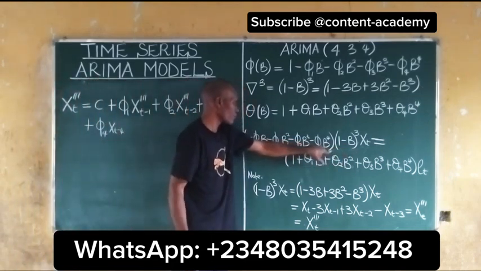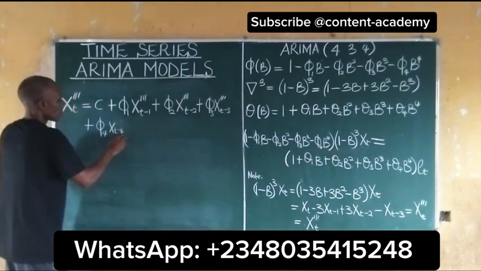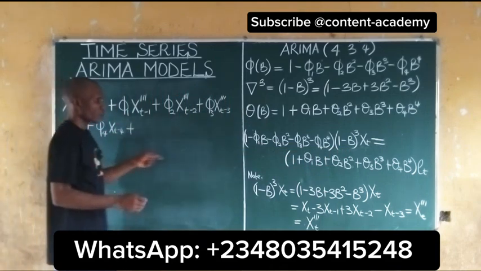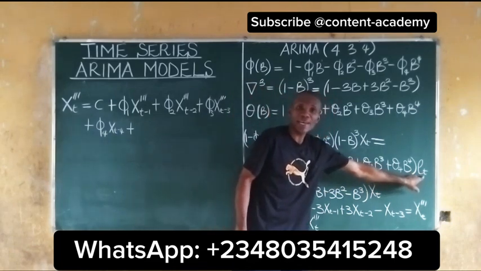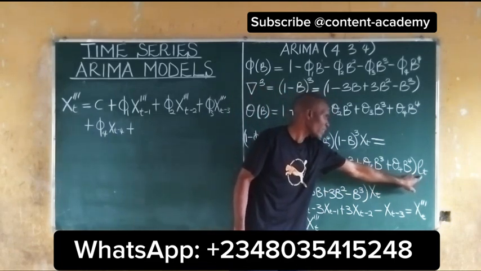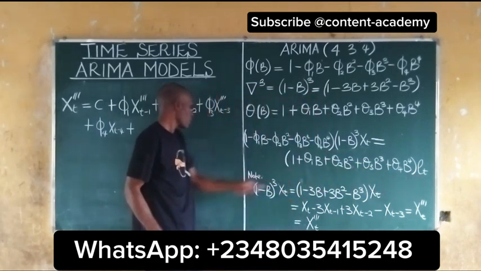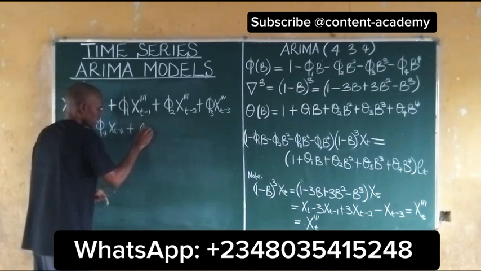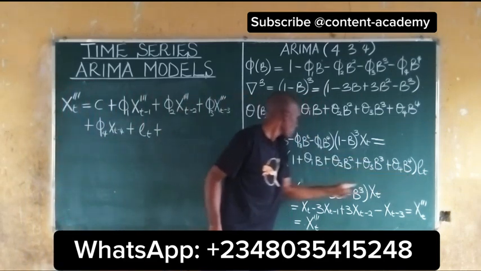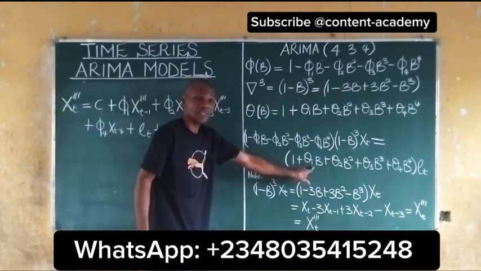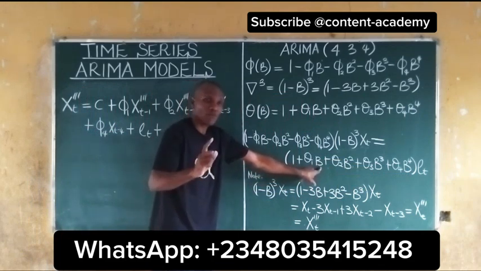We are multiplying the whole of this by this. Now, plus, we move over to this side. Et, which is our error term or our white noise process, Et multiplied by 1, we get Et, plus Et multiplied by theta 1 with 1 backward difference.